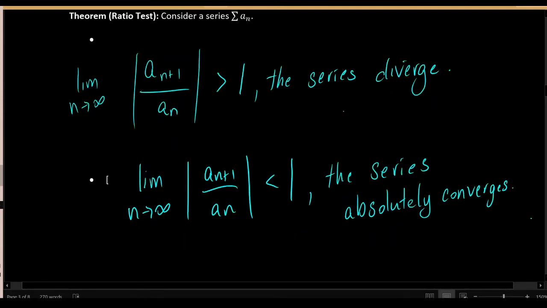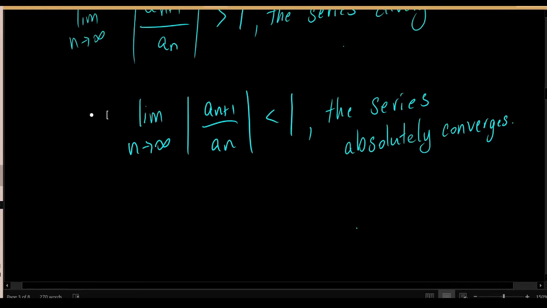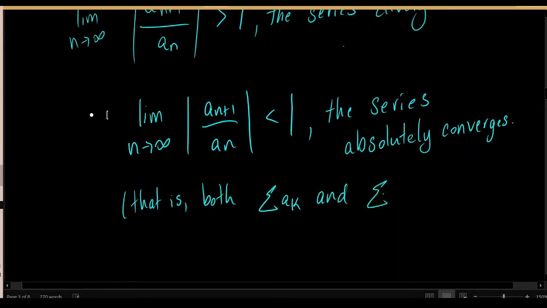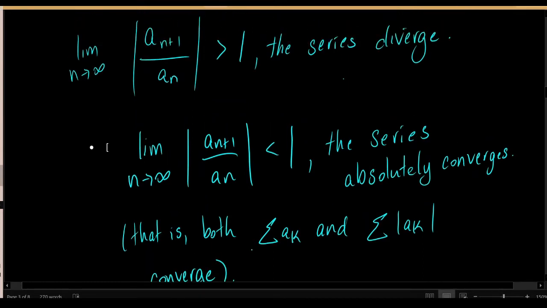So not only does the series converge, but the series still converges if you have an absolute value on the terms in the series. That is, both the sum of a sub k and the sum of the absolute values of a sub k converge. Now that is the end of the ratio test.